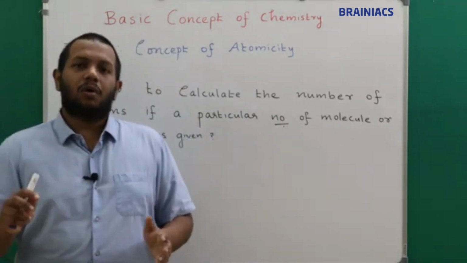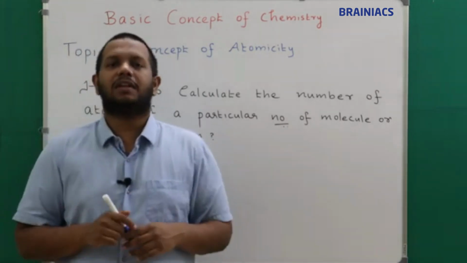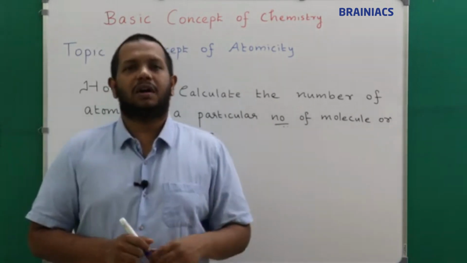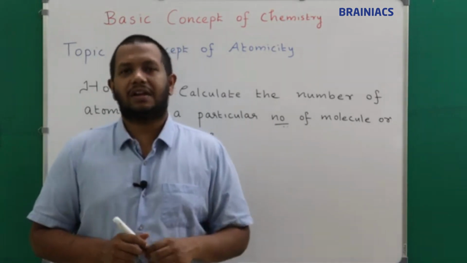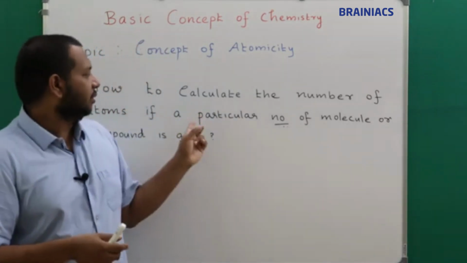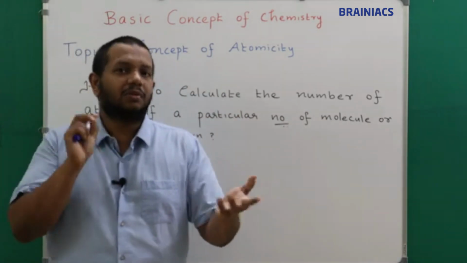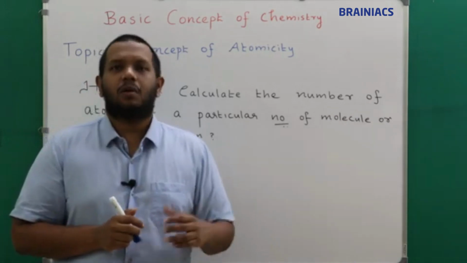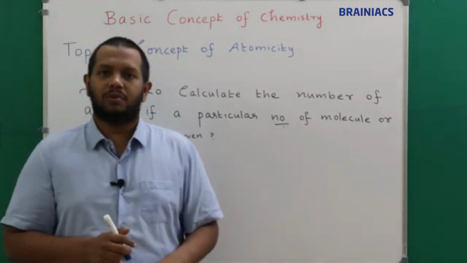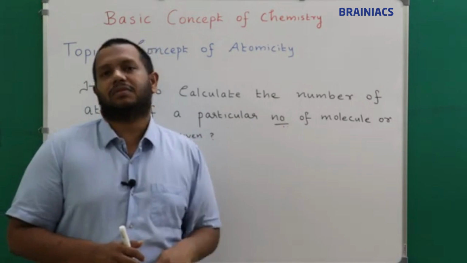If molecules or a compound were given, we calculated the number of moles of molecules, mass, or volume. Now a new concept: they will give you the number of molecules, or mass of molecules, or volume of molecules, and then ask you to calculate the number of atoms.